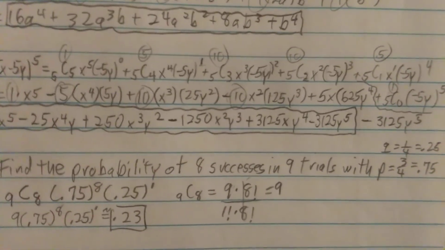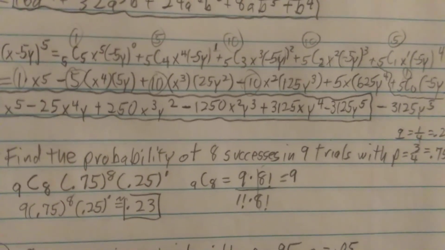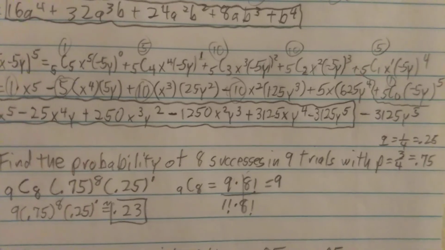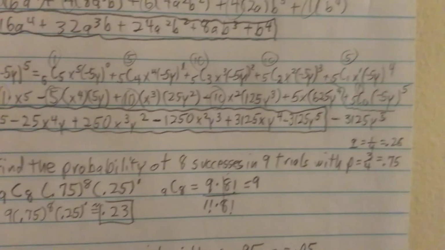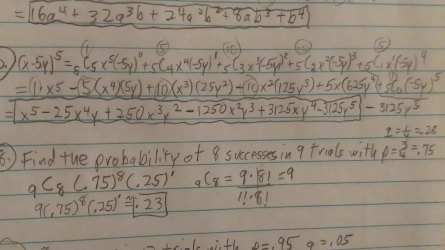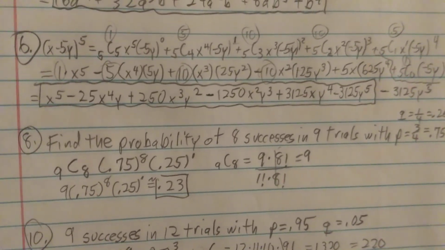The third term, 5C3, which is 10, x to the third, negative 5y squared is 25y squared. So that gives me for the third term below on the bottom, plus 250 x to the third y squared.